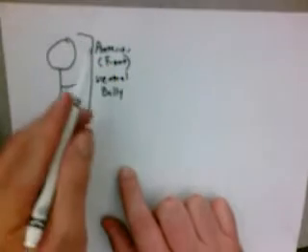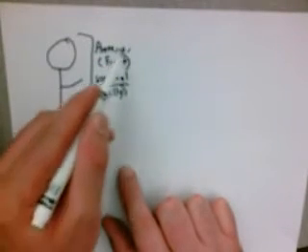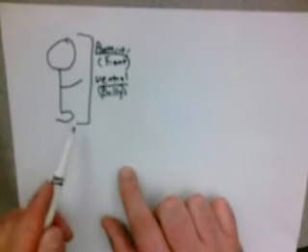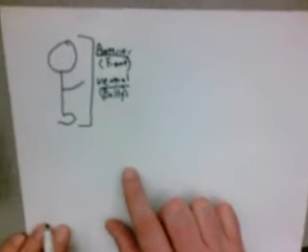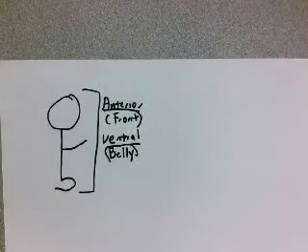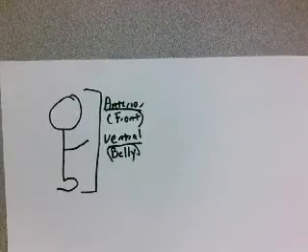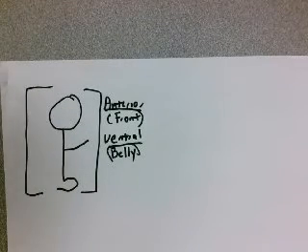So anterior and ventral can be used exactly the same way, because this is the front of the human being, and this is also the belly side. So anterior and ventral mean exactly the same thing when we're looking at a human being standing bipedally. If I look at posterior, posterior means back.